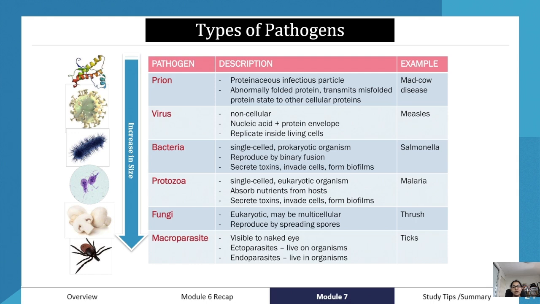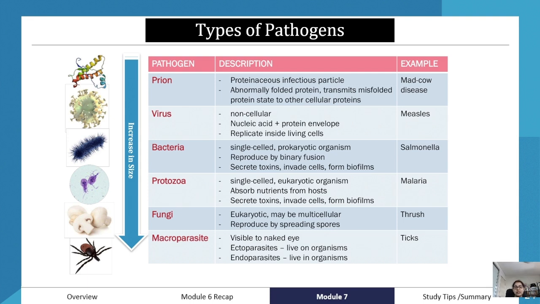And we go all the way up to macroparasites that can be up to like 25 centimeters long. So it's sort of that progression. So prions are proteinaceous infectious particles, and they are abnormally folded proteins that transmit their misfolded state to other cellular proteins. And an example of this is mad cow disease.